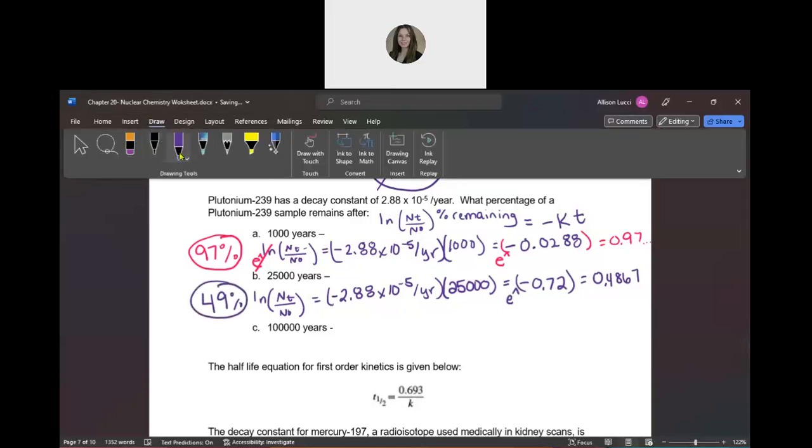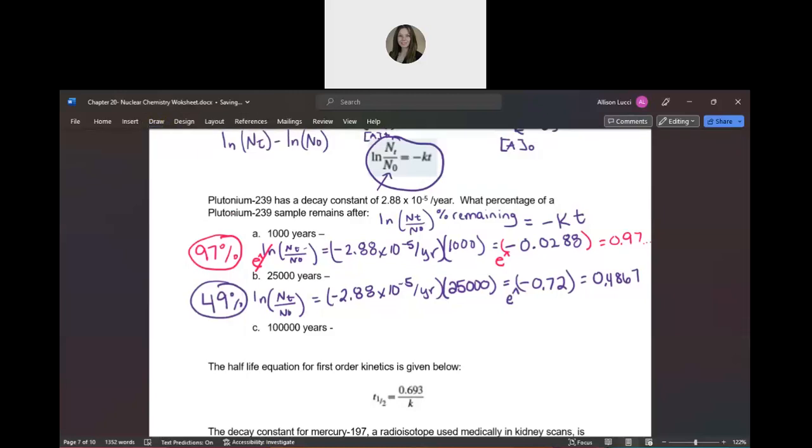All right, so our last example here, we have n sub t over n sub 0 equals that same rate constant, negative 2.88 times 10 to the negative 5th per year. Now we have times 100,000. So this would give us negative 2.88, raised to the negative 2.88. Let's do that.